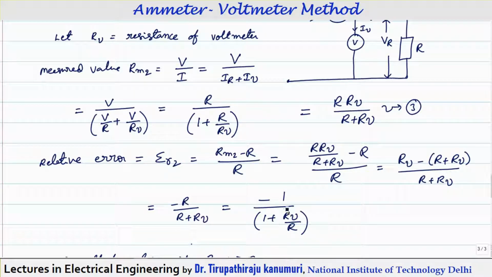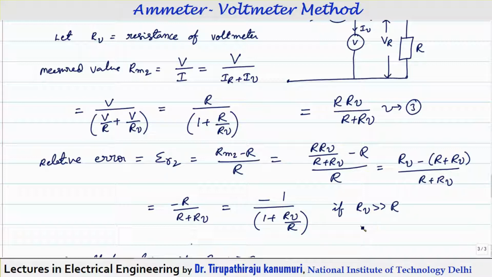So minus 1 divided by 1 plus RV by R. So practically the resistance of the voltmeter is greater than the value of the resistance, because we are measuring the low resistance. Low resistance means this resistance will be far less than the resistance of the voltmeter, obviously. So that's why in practice RV is far greater than the value of the low resistance.